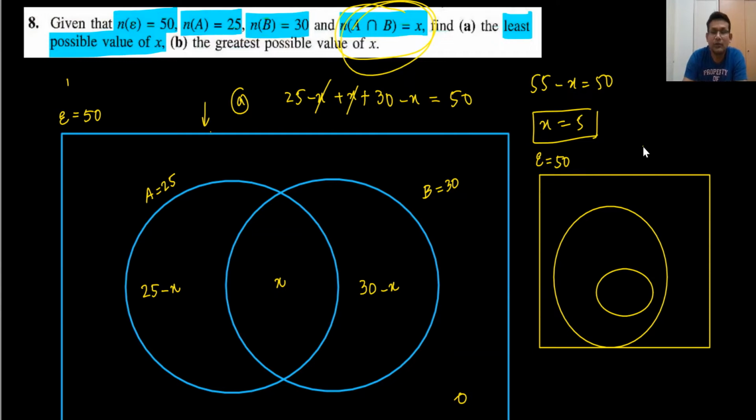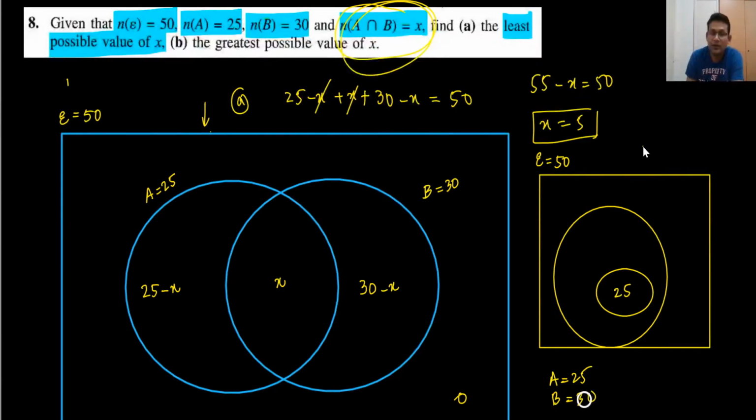So now what you can do: A is 25, and B is 30. Which set is smaller? A. So I will write 25 here, first of all.